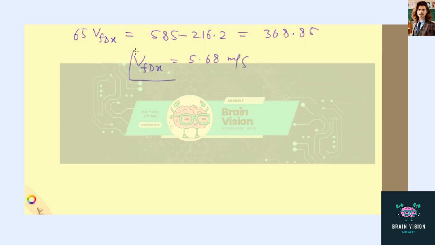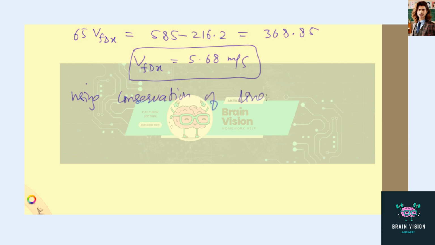meter per second. Now we have to find the vertical component along the y-axis, for which we use conservation of linear momentum along the y-axis. There is no initial speed along the y-axis; before the collision there was nothing along the y-axis, so this is 0.